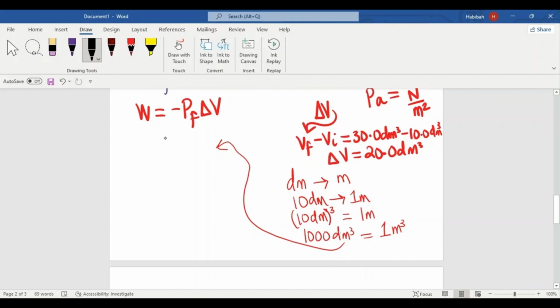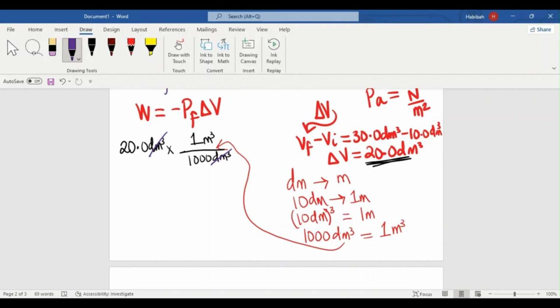So let's not forget that the change in volume is 20.0 decimeter cubed. We're going to do dimensional analysis: 20.0 decimeter cubed times 1 meter cubed divided by 1,000 decimeter cubed, because we're trying to find it in meter cubed. Since we don't want it in decimeter, we can cancel out decimeter, and then it will be 20 divided by 1,000.